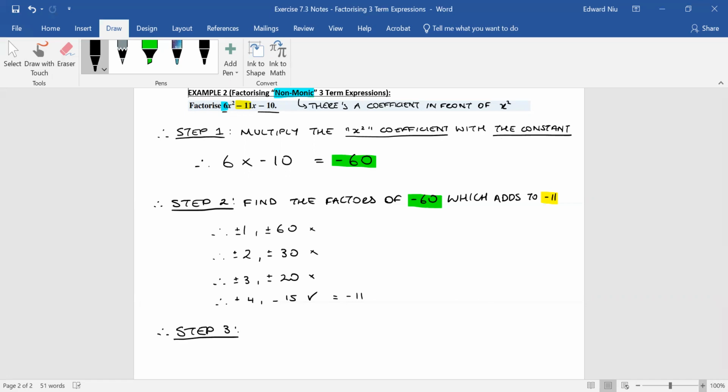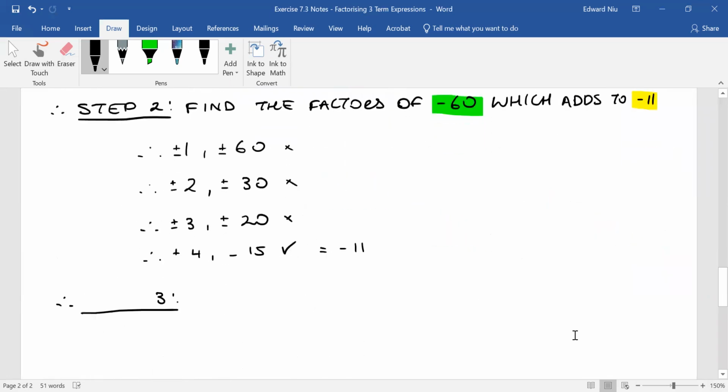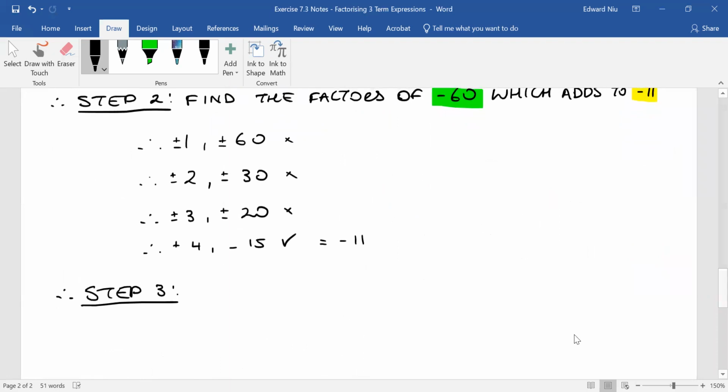Let's zoom in so I don't overwrite. Split the bx term into 2 with the answers above.